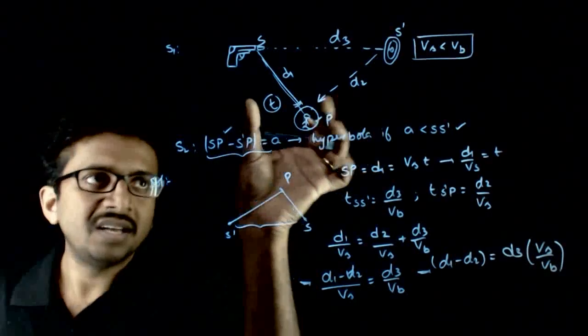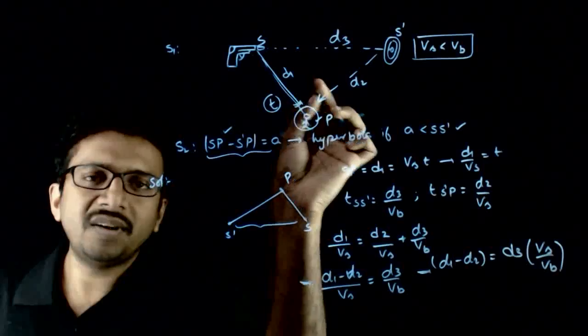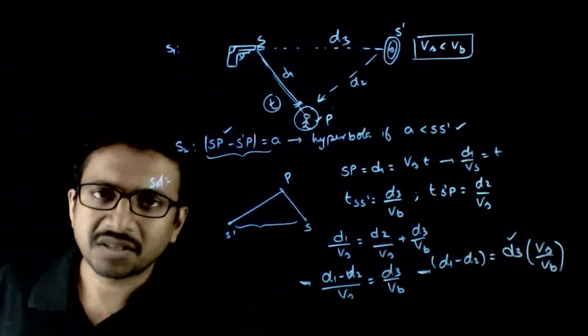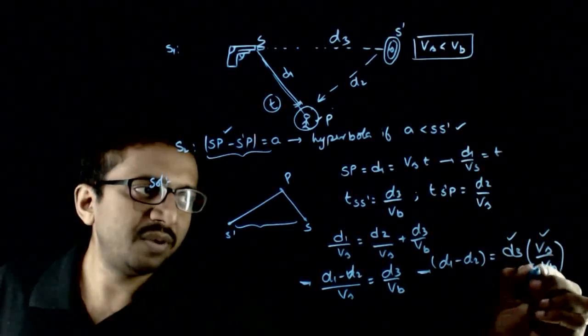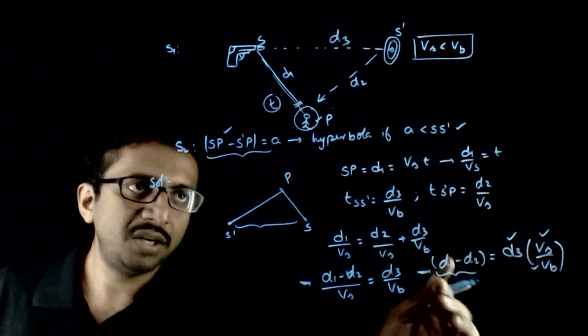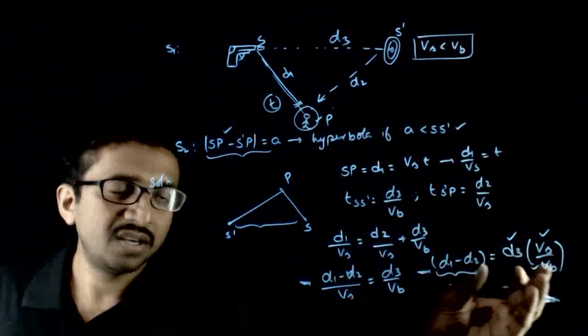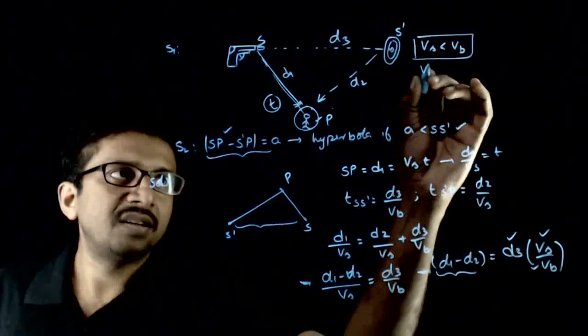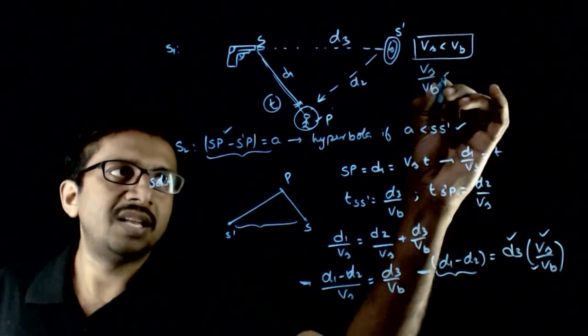In this case, as the observer is moving, D1 and D2 are changing, but D3 is a constant. So D3 into Vs by Vb is also a constant. So D1 minus D2, the difference between these two distances, should be constant, and Vs by Vb, as given from the condition, is less than 1.